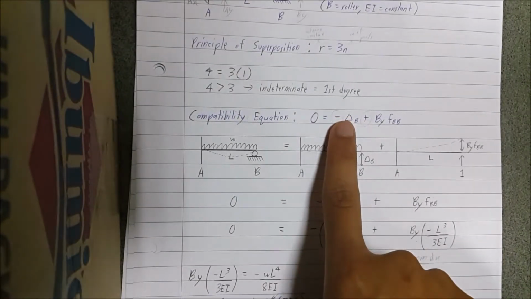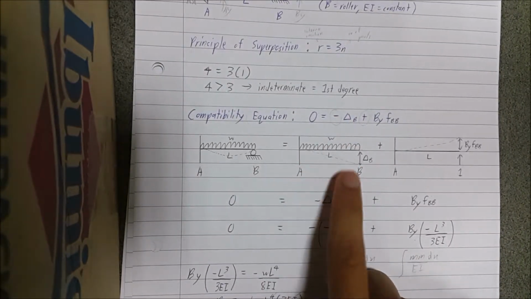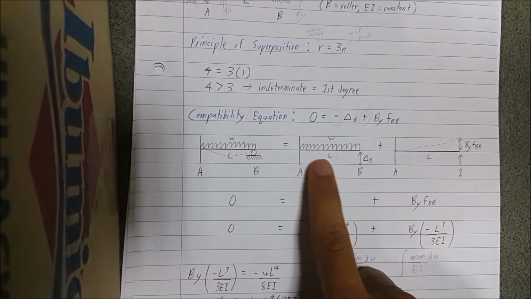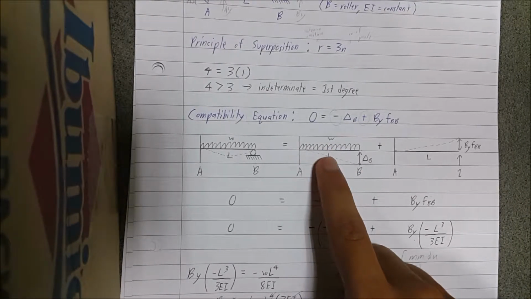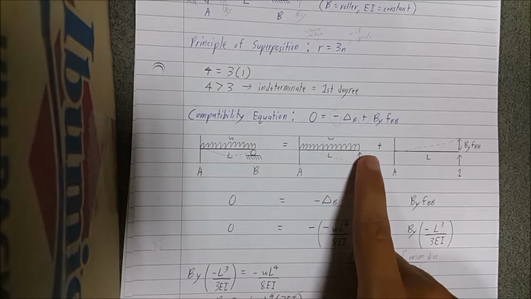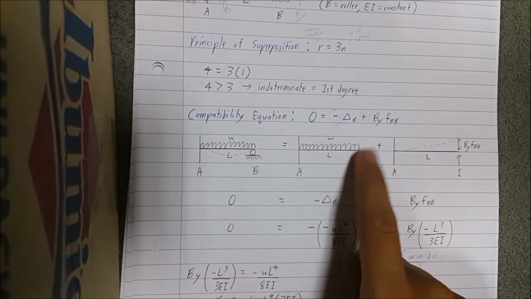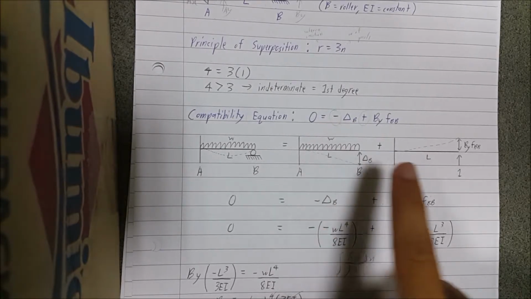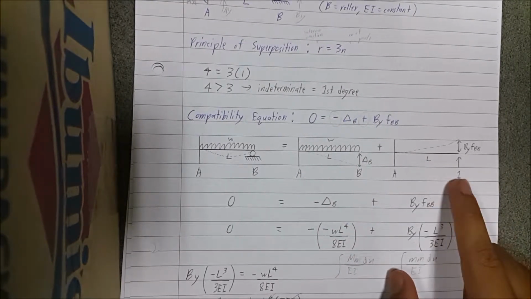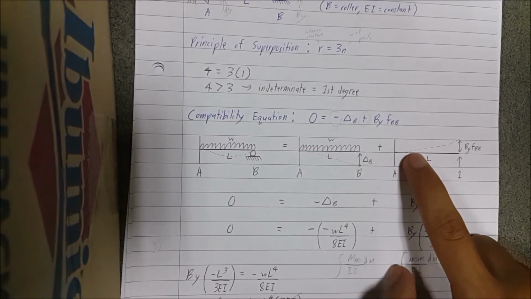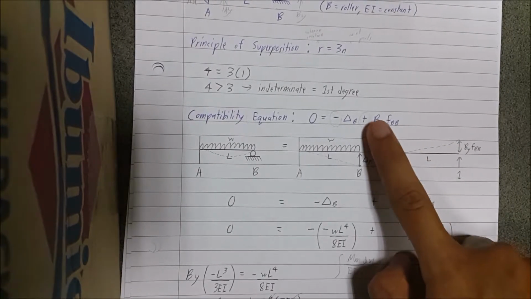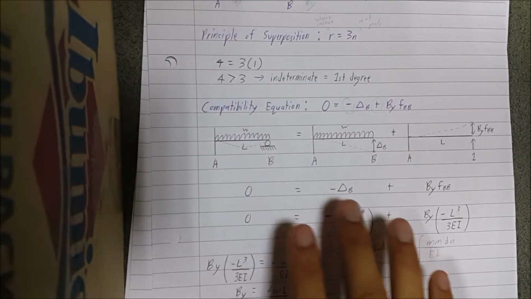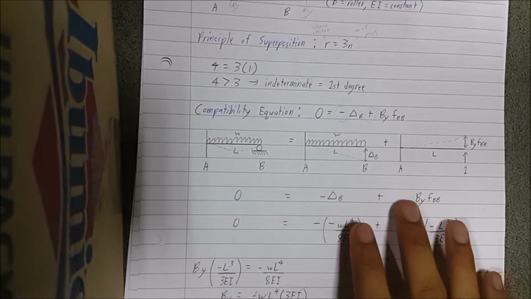The reason we got negative delta B is because, when we check this diagram, due to the UDL placed on top, the structure deflected downwards, that means below its original height. So we take that as negative. For here, after we add the virtual loading 1, the structure deflects upwards, showing positive. So we get this full equation.